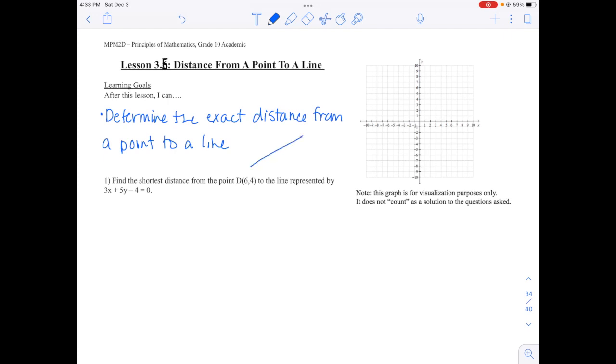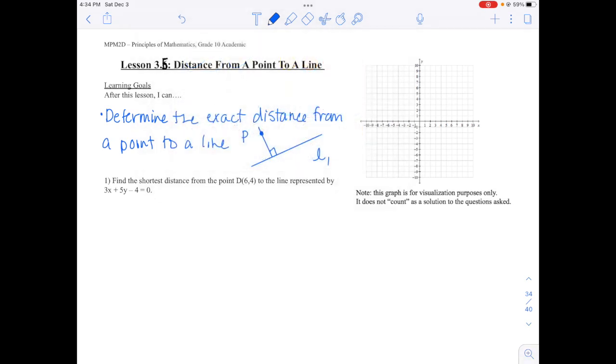Well, if I have a line somewhere on a grid, let's call it L1, and I have a point P, what is actually implied in this question is that I'm not just finding any distance from a point to the line, I'm finding the shortest distance. So that would be the distance from P perpendicular to the line L1.